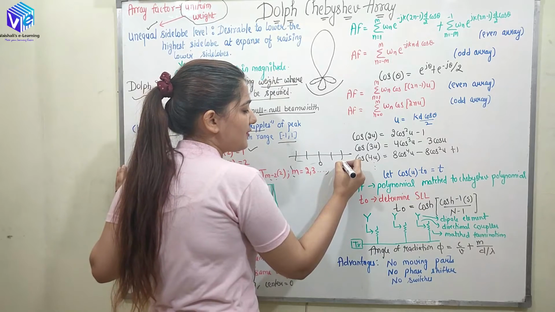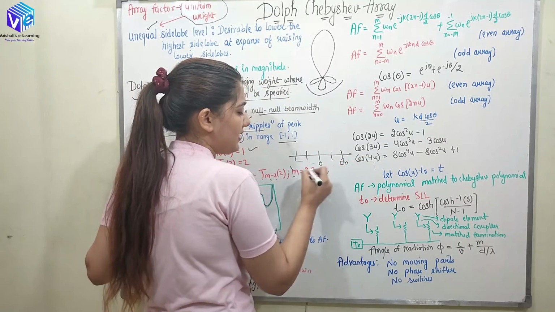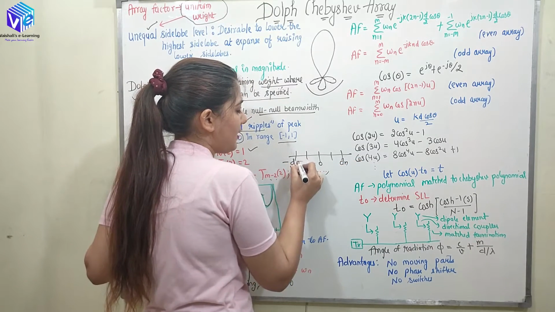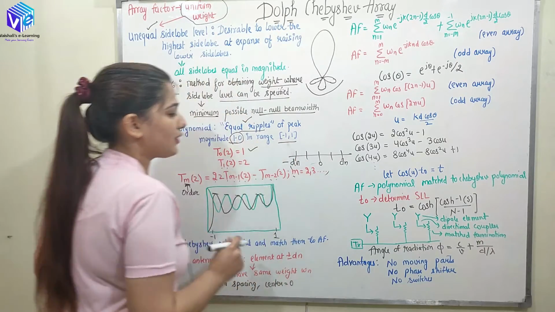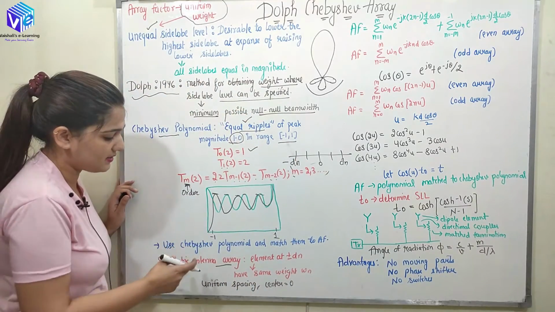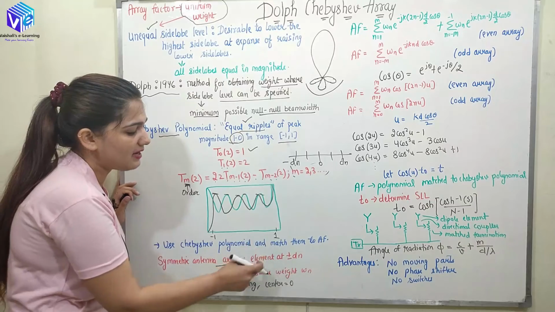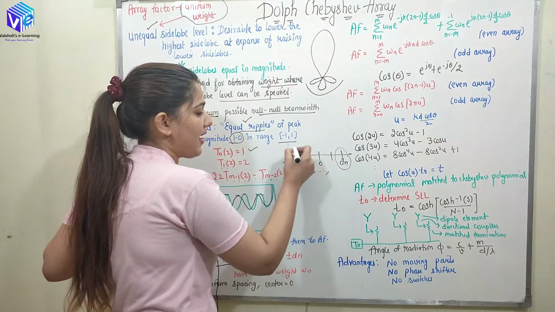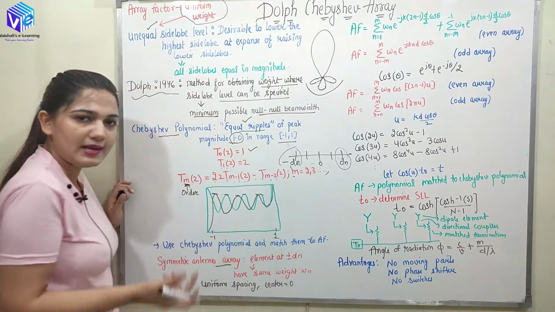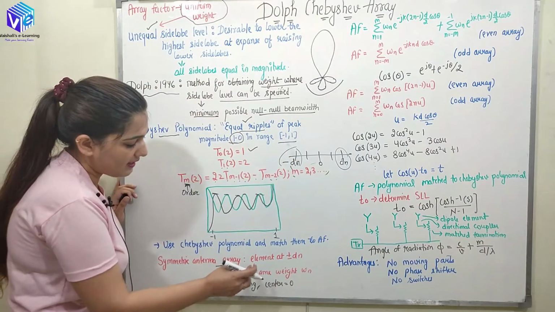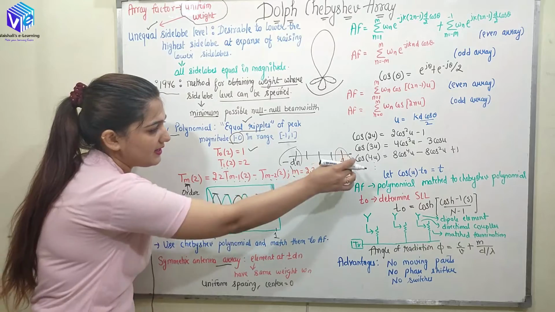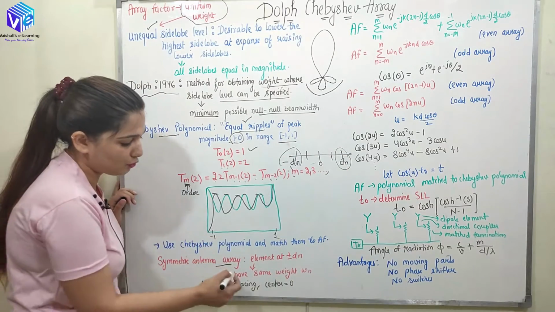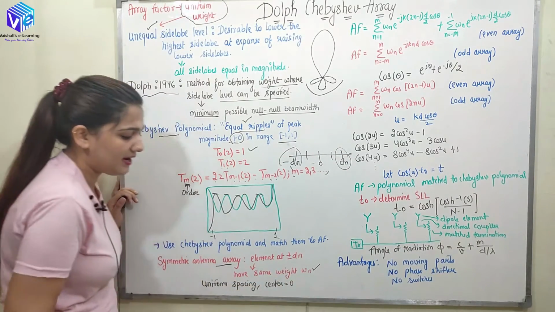The element present at the location Dn will have the same magnitude as the element located at the location minus Dn. So we will have elements at plus minus Dn. Always, if I have Dn, I will have a minus Dn element as well. And if I have the element Dn and element minus Dn, both of them will have the same weight Wn.